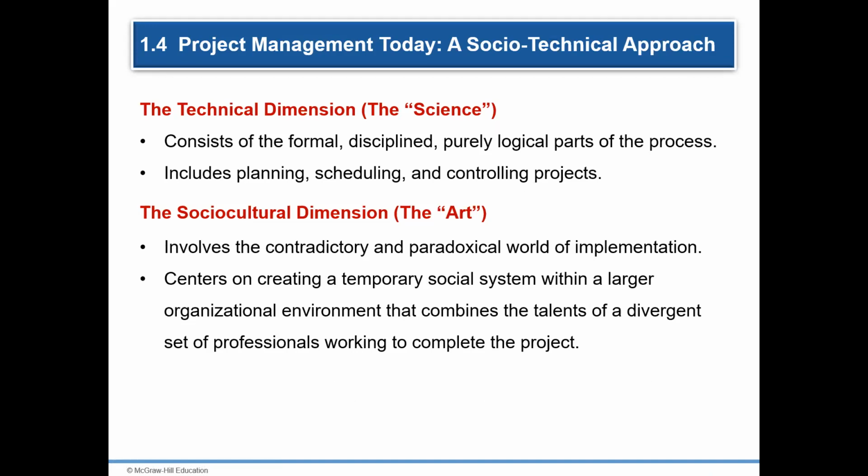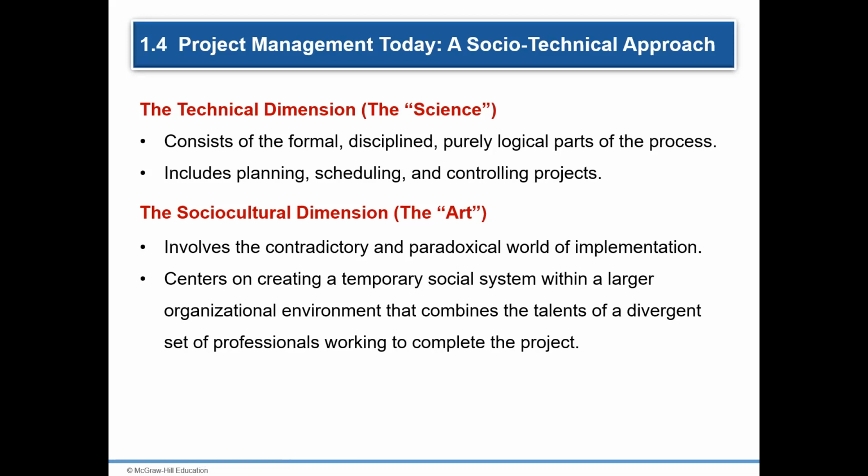The PM book teaches us the science behind how to learn the language of project, and includes planning, scheduling, and controlling a project. Meanwhile, the social culture dimension is the art of the project. The art of the project involves the contradictory side of implementing a project. It centers around creating a temporary social system within a larger organization, an environment that combines the talents of the professionals and works to complete the project as need be, okay?